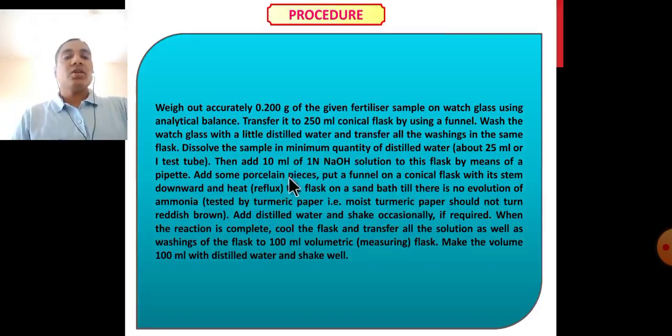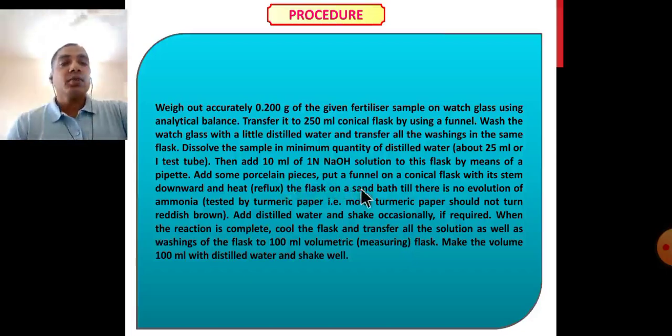Add some porcelain pieces, put a funnel on the conical flask with its stem downward, and heat on the sand bath till there is no evolution of ammonia. Test with turmeric paper; the moist turmeric paper should not turn reddish brown.